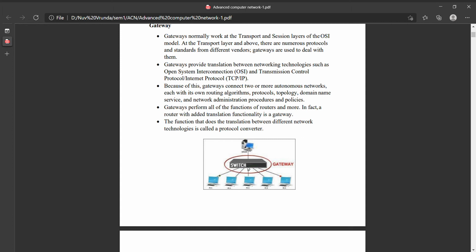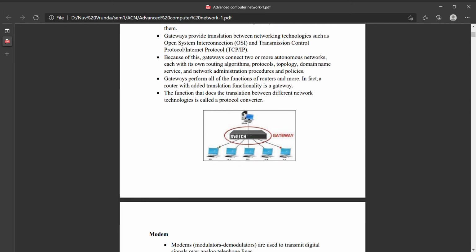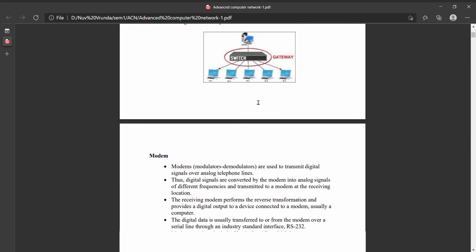Okay, what a gateway actually is: when someone enters from outside the house to inside the house, there is one door available. Similarly, the gateway does this type of task for a similar type of network. Okay, so this is a gateway. The function that translates different network technologies is called a protocol converter.